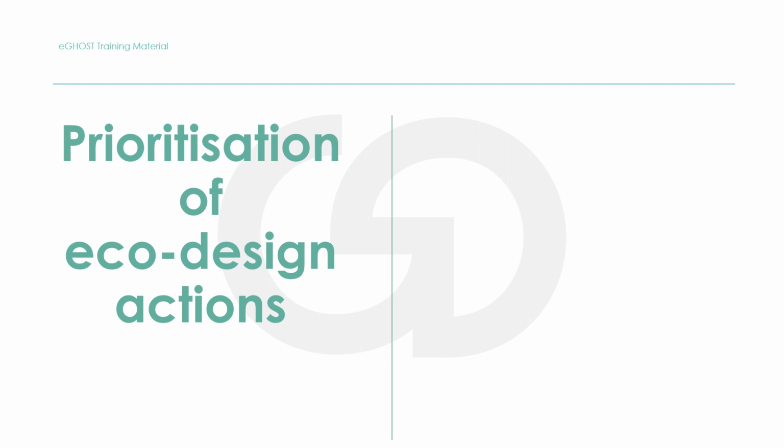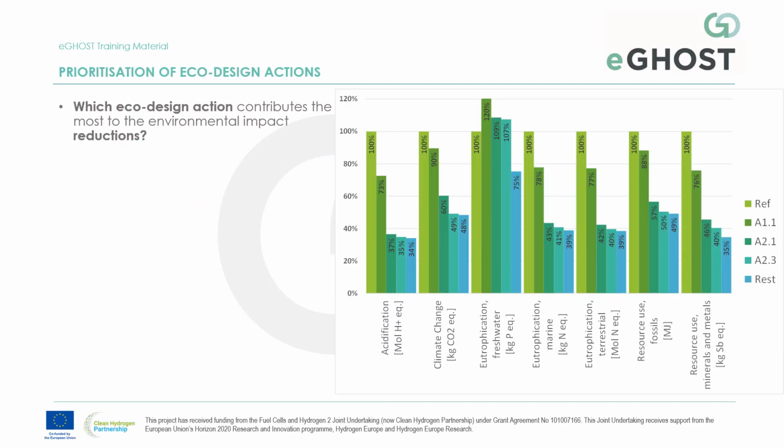But now we want to know which indicator contributes the most to the reduction of environmental impacts. So we did the prioritization of eco-design actions. Here are the results for the environmental impact.